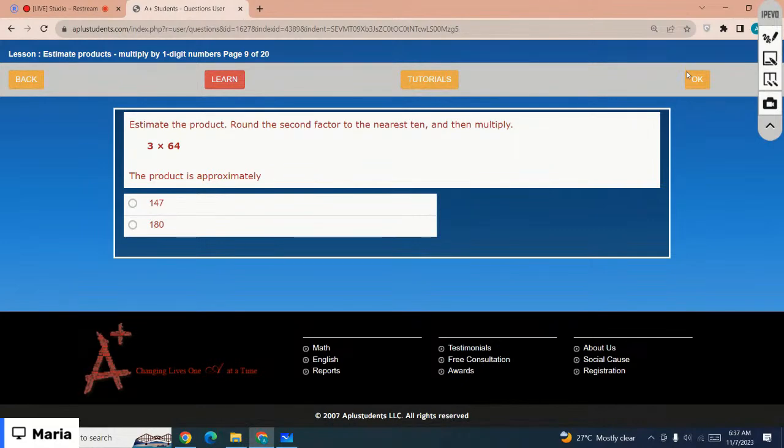So the correct option is 180. That is 640, the correct option.